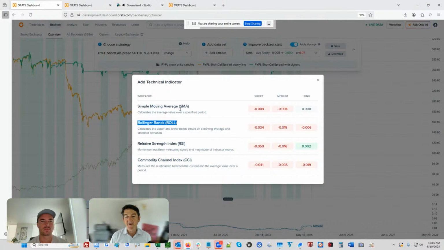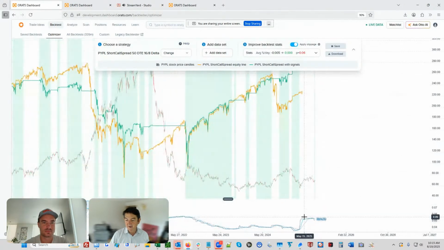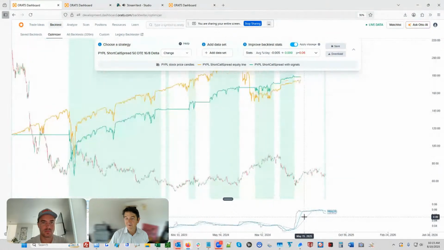But we found that the SMA is generally the better one, and so that's why we present this one. I think it also has the least chance of negatively impacting the p-value, just because it's such a tried and true indicator.